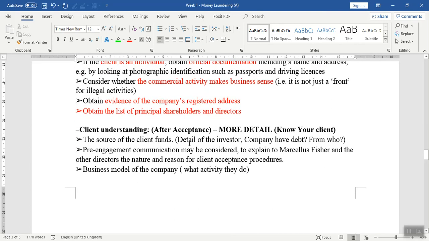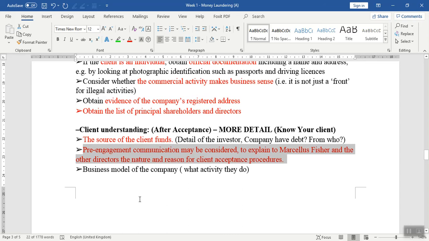Okay, so after acceptance, here it is more detailed. So what should you know? The source of the client's funds. You have to know where they get the money from. Is it from investors, from a bank, or from family members, and so on? Okay, and then pre-engagement communication may be considered, and explain to the principal and directors the reason for the client acceptance procedure. Why are you going to do the checking and review, for example?